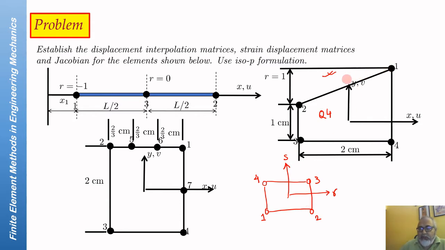And now the node numbering is different. It's still anti-clockwise, but this is 1. So this should map here. So I'll call this 1, this is 2, this is 3, and this is 4, according to this numbering. Now, once I have done that, I will have to change the ordering of my shape functions.